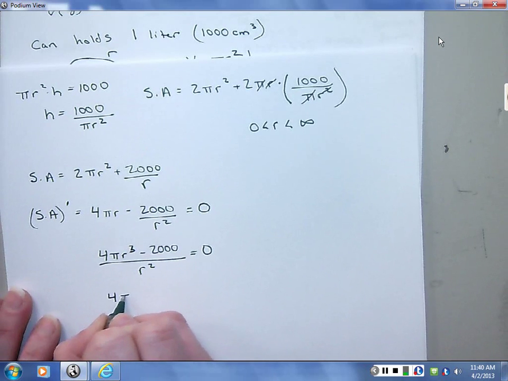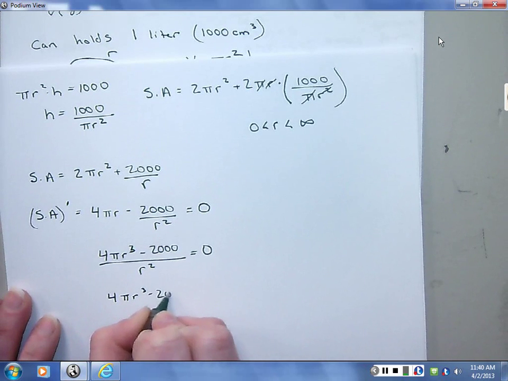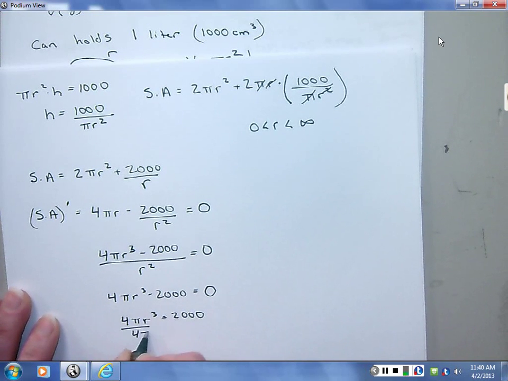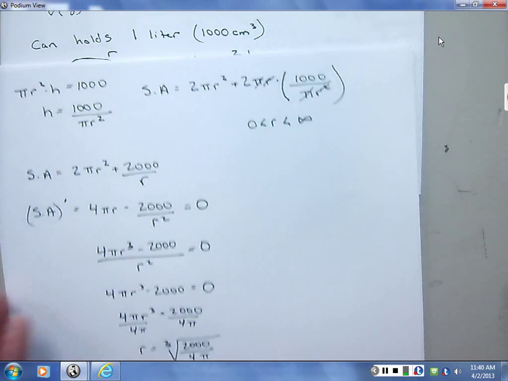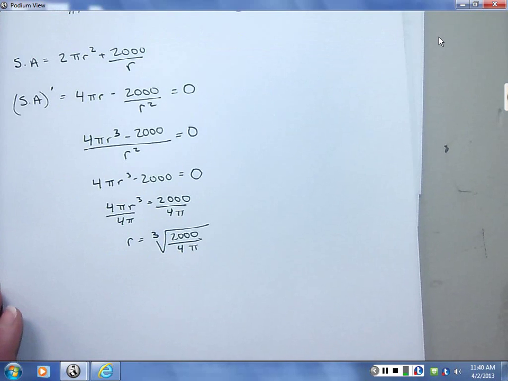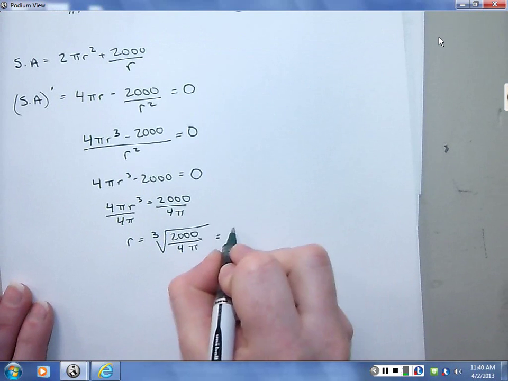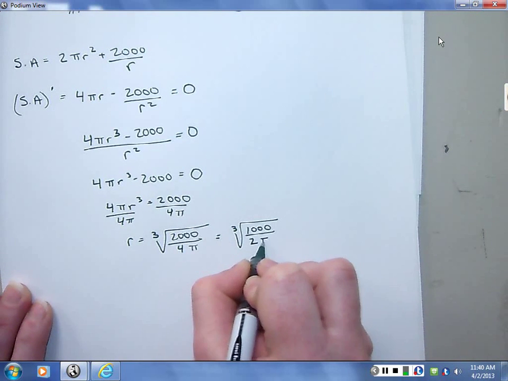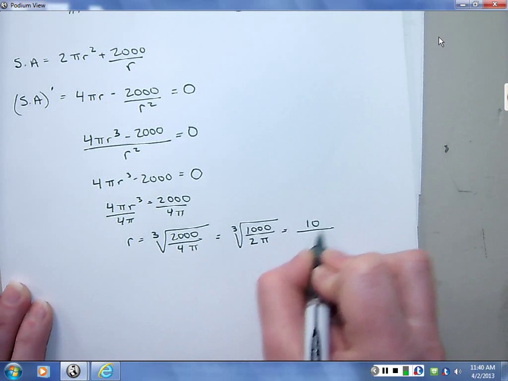So it is 4 pi r cubed minus 2,000 equal 0. When 4 pi r cubed equals 2,000, divide both sides by 4 pi, and I get r equals the cube root of 2,000 over 4 pi, which would equal the cube root of 1,000 over 2 pi, which would be 10 over the cube root of 2 pi.